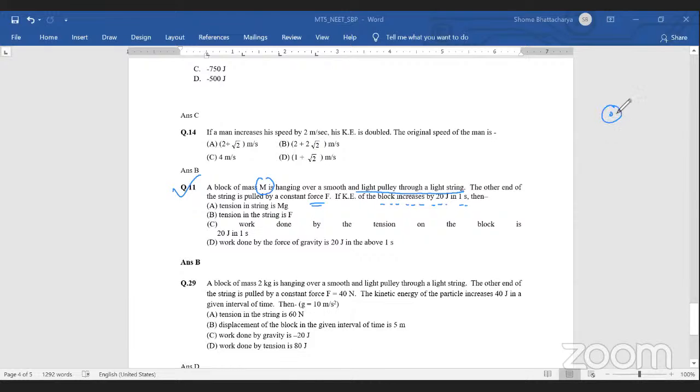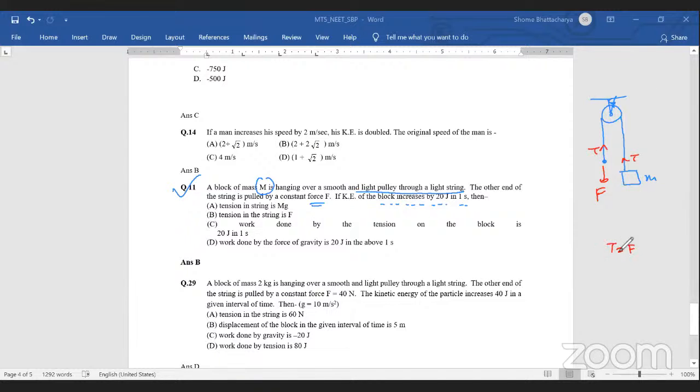So we have this kind of a situation. The other end of the string is pulled with a constant force F. So whatever that constant force, that will become the tension in the string.